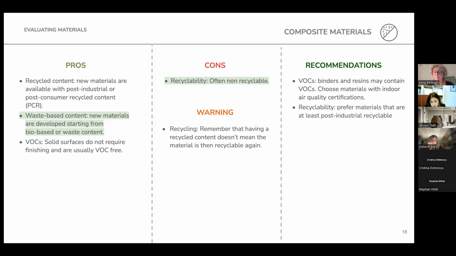So it doesn't make sense to do that with glass fiber, which is a very cheap material.